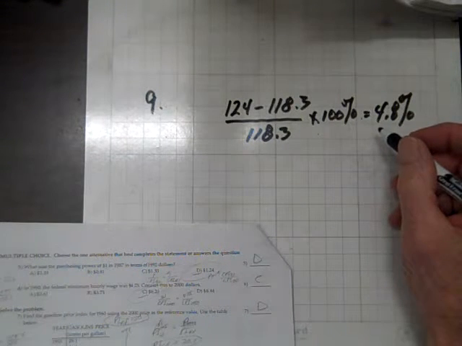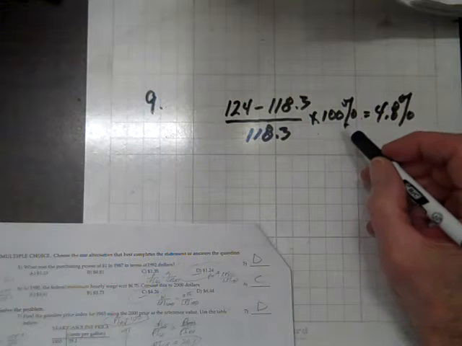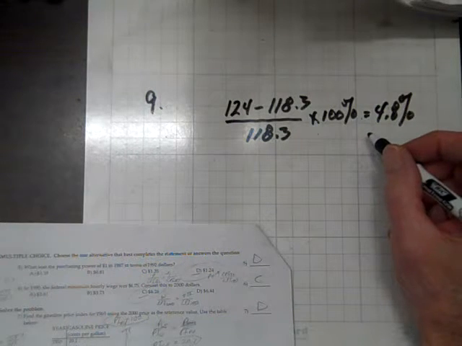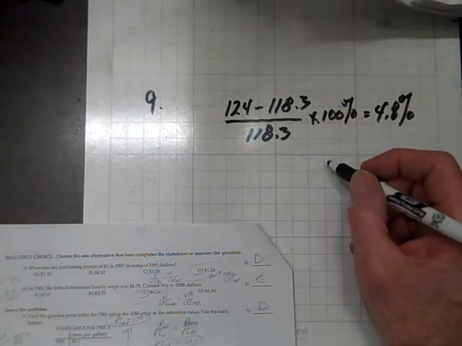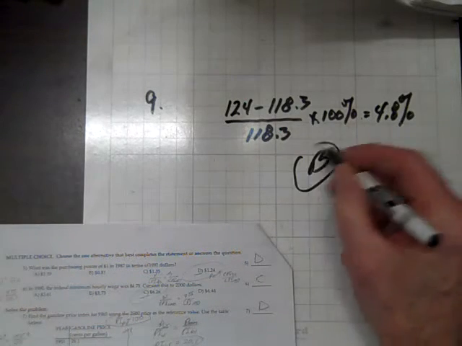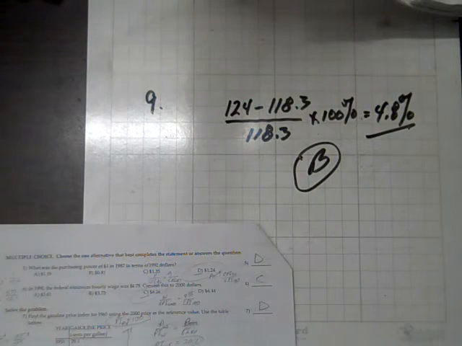And so the rate of inflation between 1988 and 1989 is B, 4.8%, and we're done.